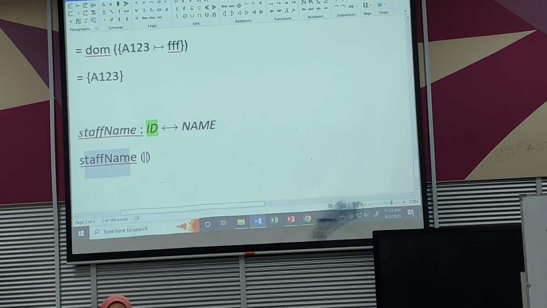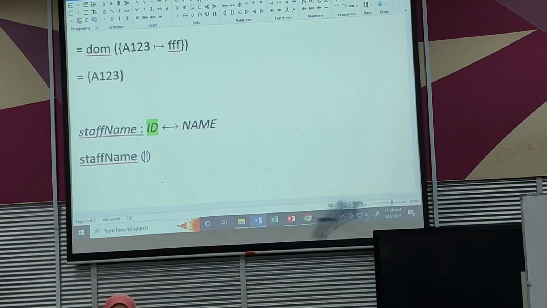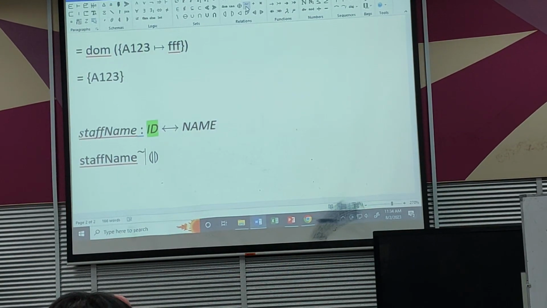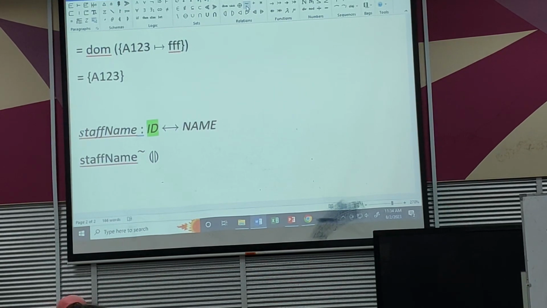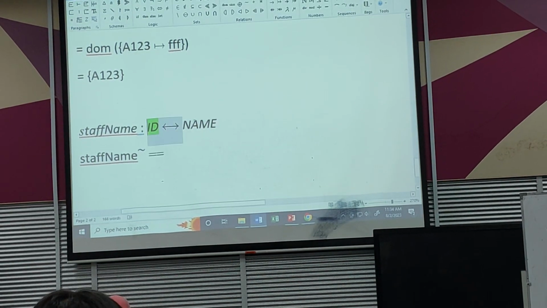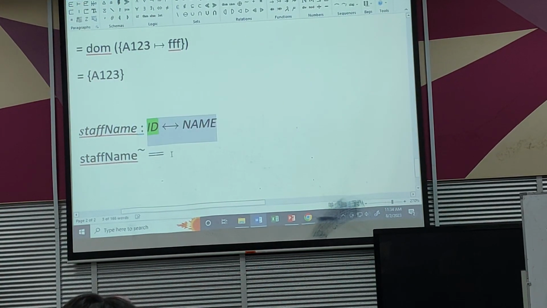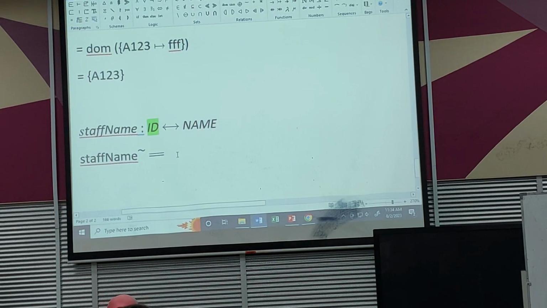So I cannot simply use like this, because for the relational image, inside here must be domain. So how to solve this? You put inverse in front here. When you put inverse, this is equivalent to this one, name.